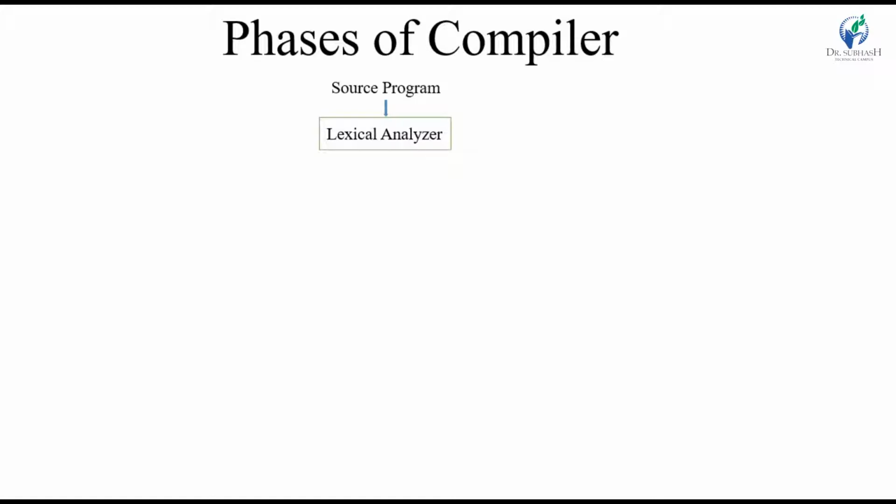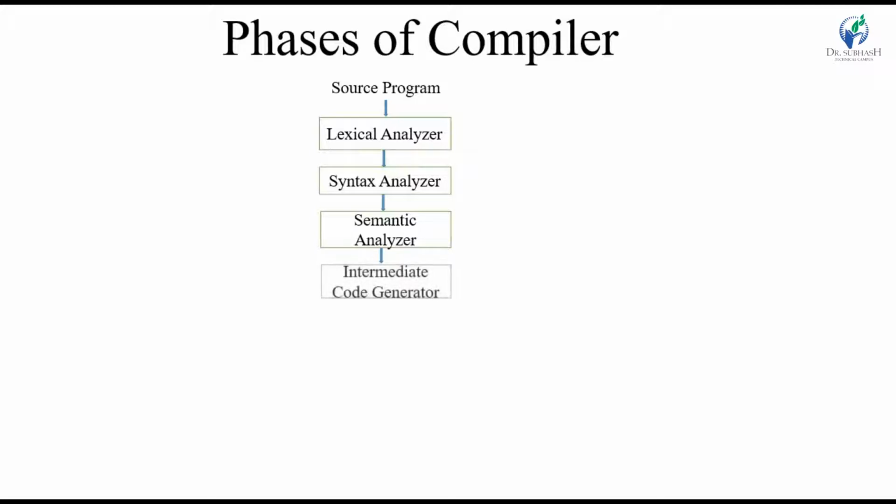Lexical analyzer gives the input to syntax analyzer. Syntax analyzer gives the input to semantic analyzer. It gives input to intermediate code generator. The output of the intermediate code generator is taken as an input to the code optimizer, which is machine independent.